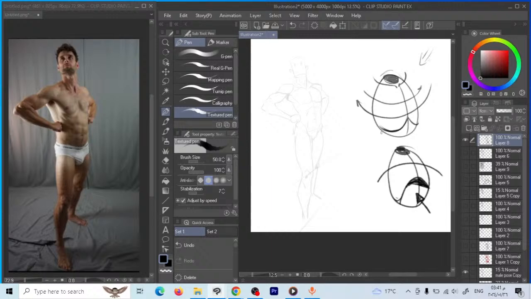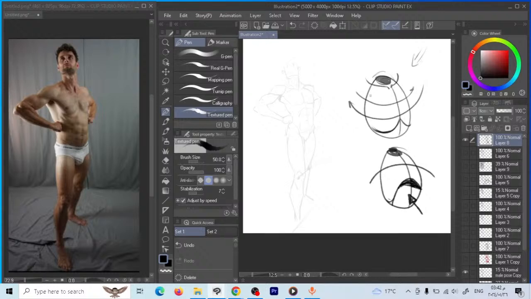But if the breast is small, it's not going to be as saggy as a big one. It follows gravity, so it has to be saggy.